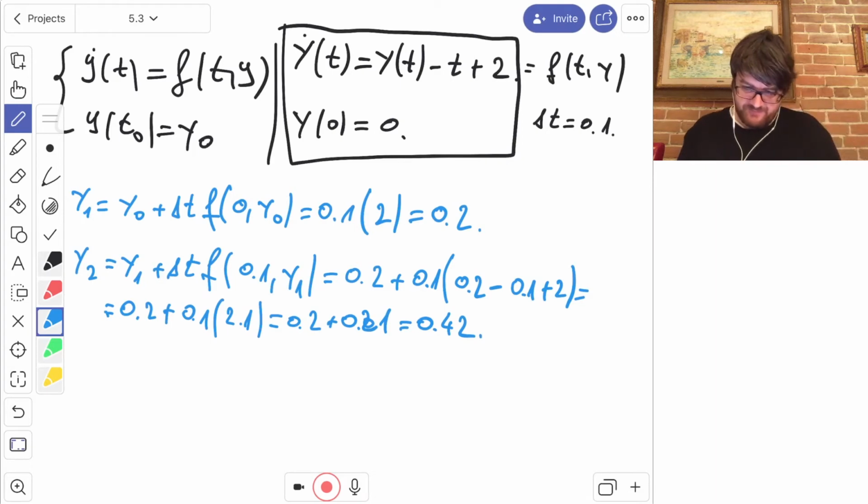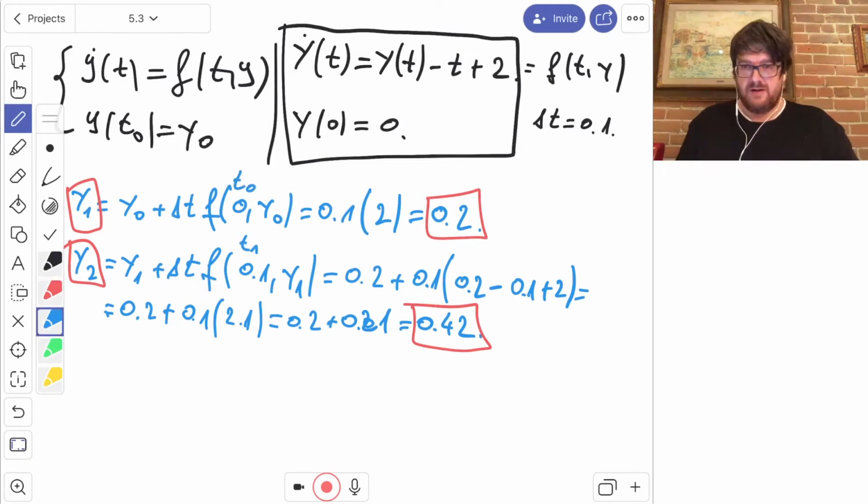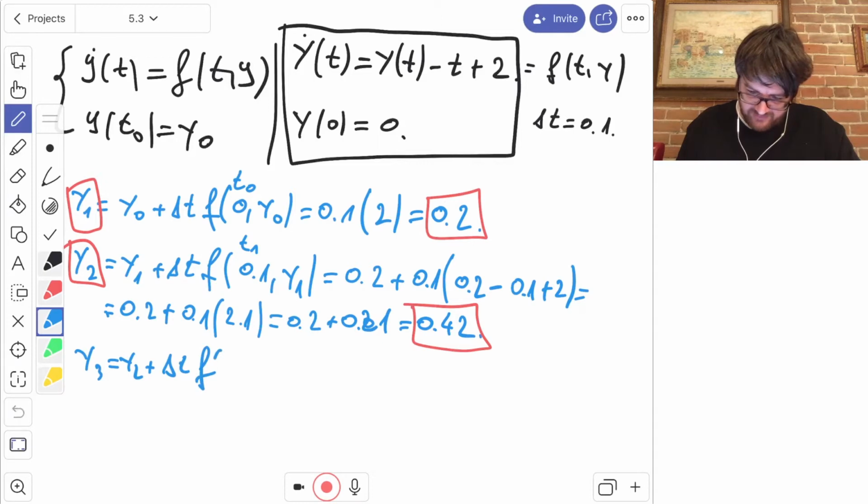Okay, so I'm just going to do it like you do on the homework. Let's do y3. So y3 equals y2 plus delta t f of t2 and y2.